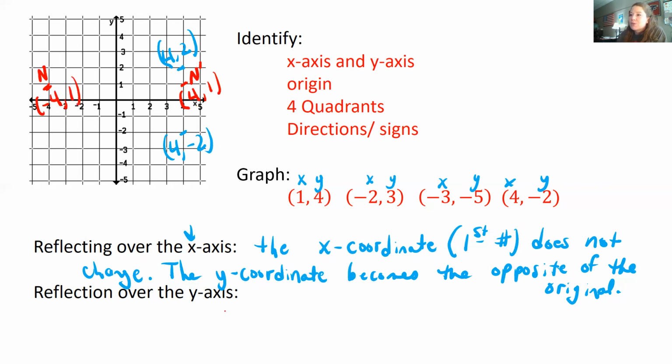So what happens when you reflect over the y-axis? The y coordinate does not change.